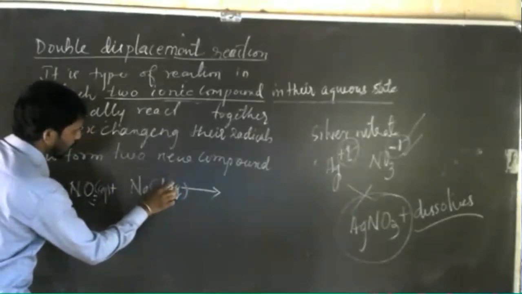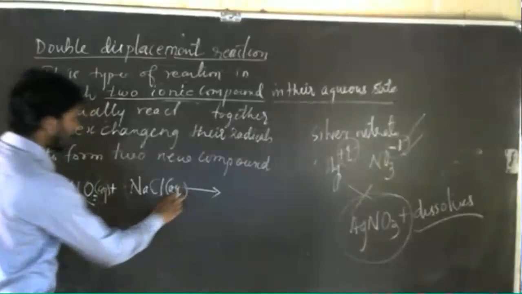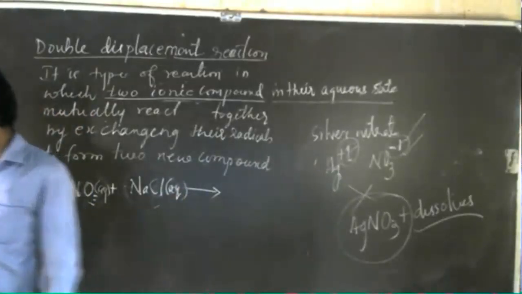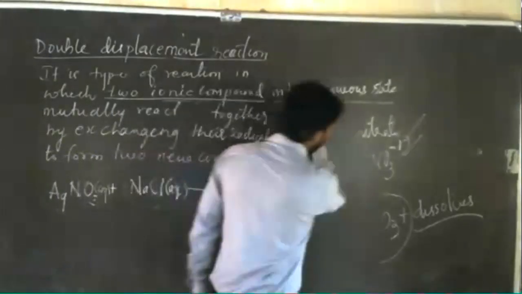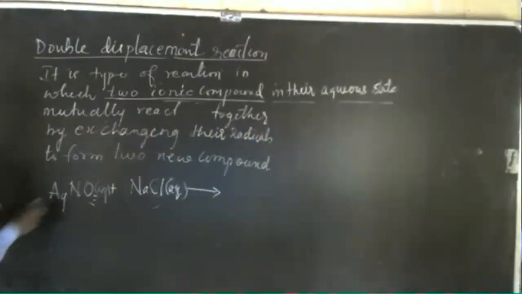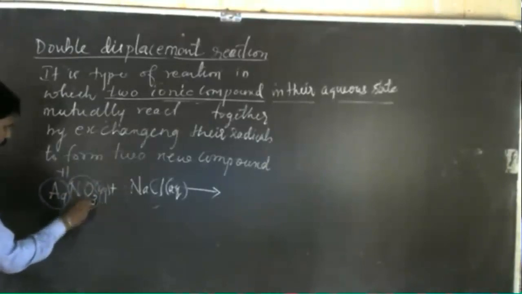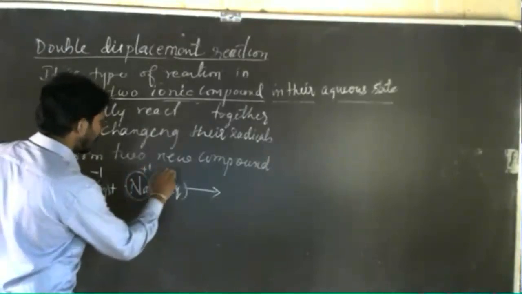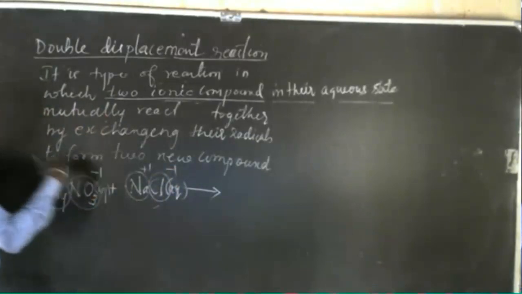In the aqueous state, both compounds will react to form two new products by mutually exchanging their radicals. These are radicals or ions. Ag is +1 and NO3 is -1. Na is +1 and Cl is -1.